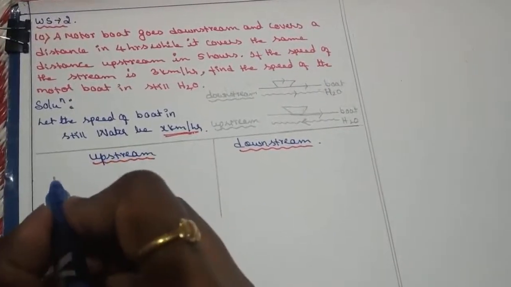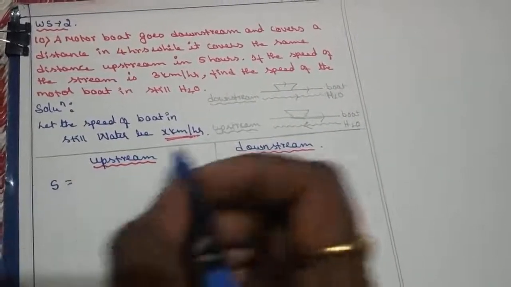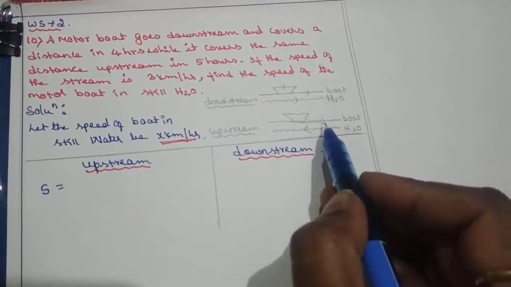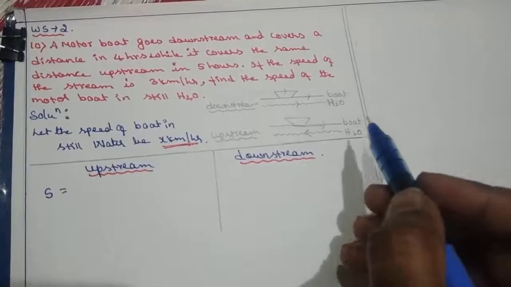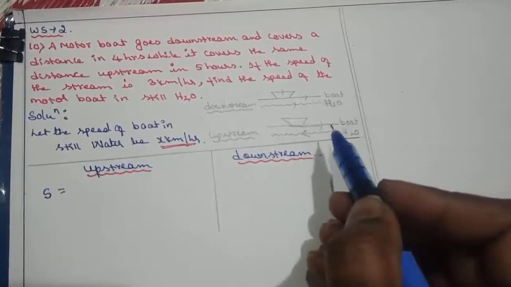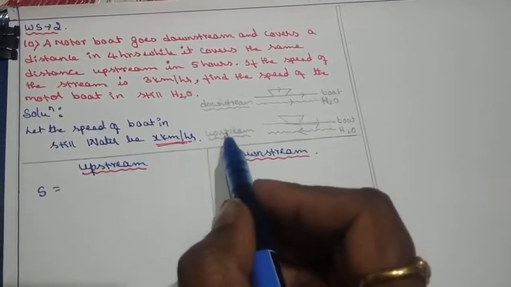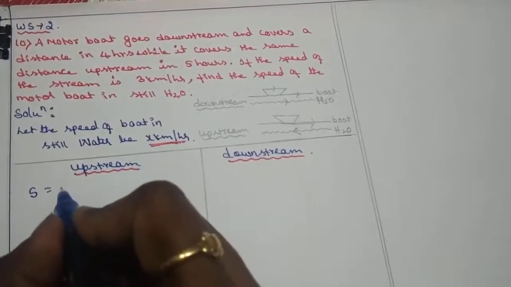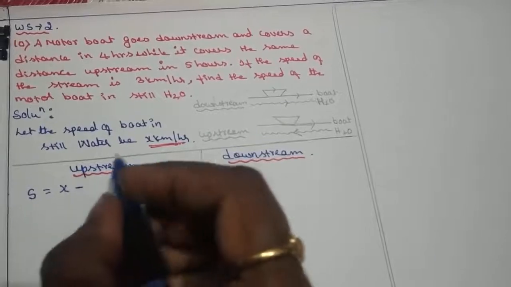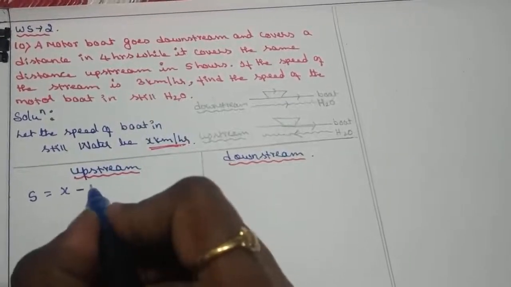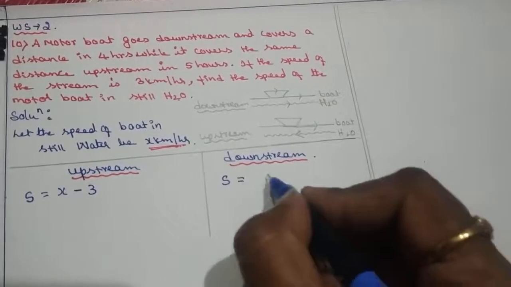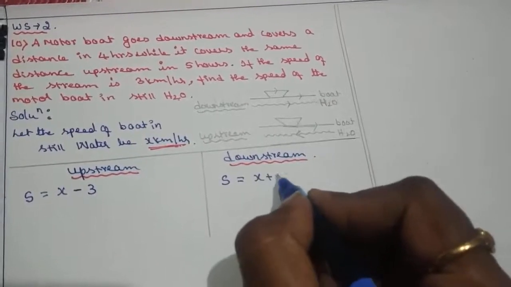Then upstream, as I told, upstream means the flowing of water is in one direction opposite to the flowing of the motorboat. Therefore, we need to subtract the speeds here. So x minus the speed of the stream, 3. So x minus 3. And here in the downstream, s equal to x plus 3.